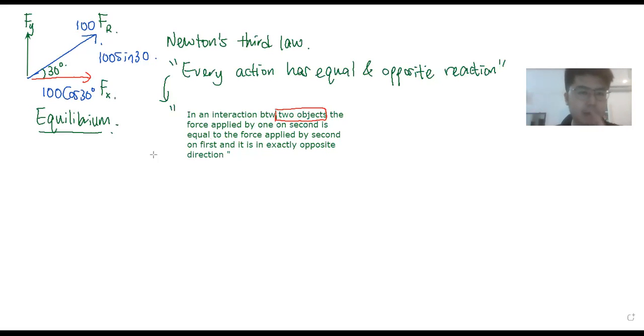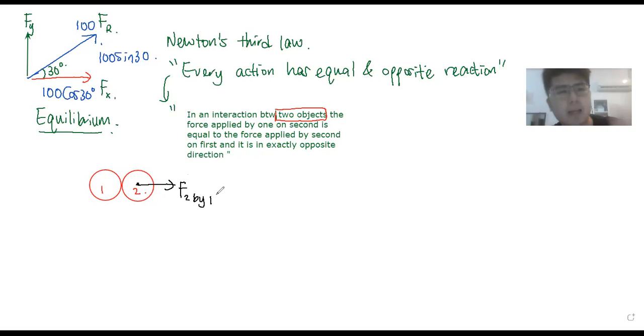Let me show you an example. One ball strikes another one. Let's call this body 1, this body 2. Body 1 strikes body 2, so it will exert a force on body 2. The force is acting on body 2, so 把它写成 F2 by 1. At the same time, body 1 will also be exerted a force by body 2. According to this law, there is also another force in this direction, acting on 1 by 2.